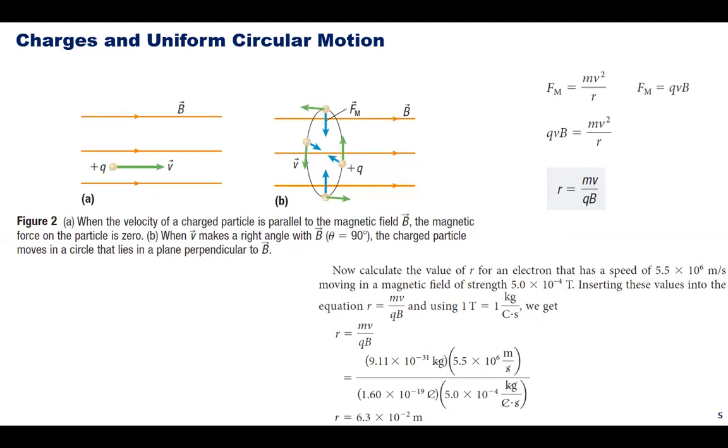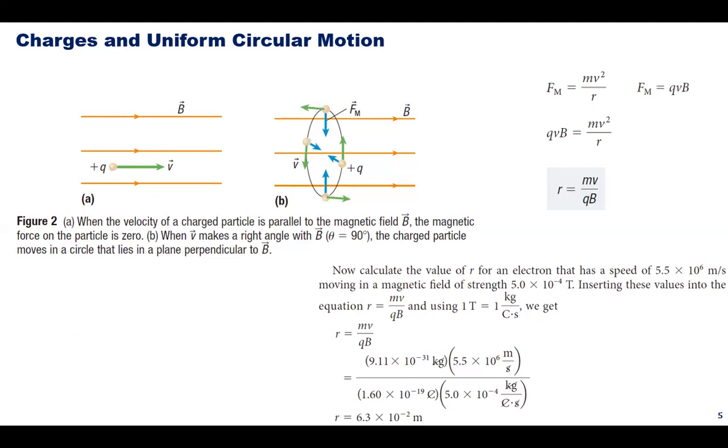Hence, if a charged particle is moving perpendicular to a uniform magnetic field, the particle will move in a circle. This circle lies in the plane perpendicular to the field line. Which is shown here in figure 2b, right?